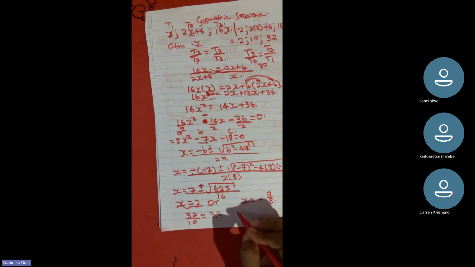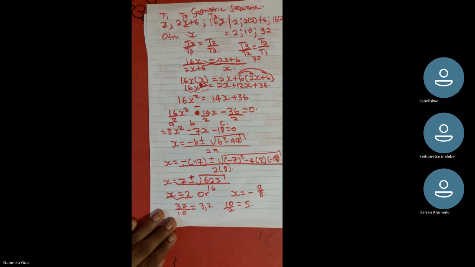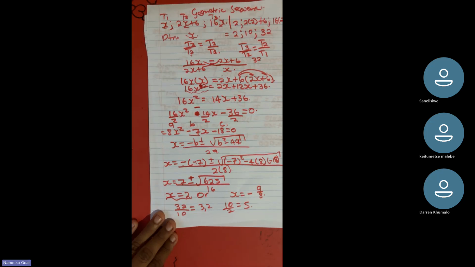Then can you check what 10 divided by 2 will give us? 5. It's giving us 5. No, that's not correct.